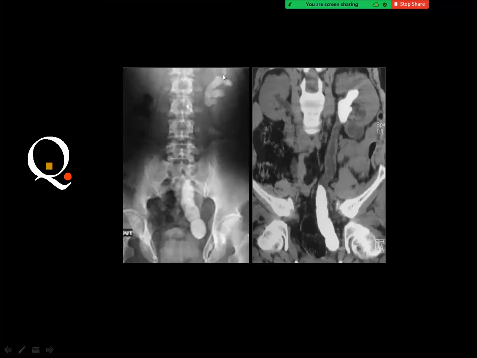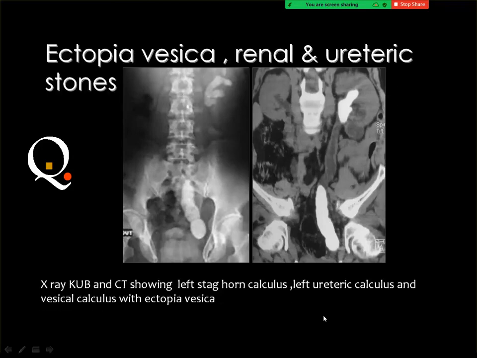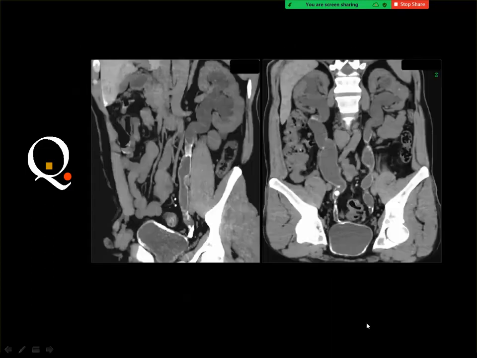This patient had many stones in the kidney and a very big stone in the ureter with proximal dilatation of the pelvicalyceal system. You should not diagnose this as, let us say, TB of the kidney or TB of the ureter. These are just calculi within the collecting system. Also, one of the findings that I forgot is the wide separation of the pubic symphysis, which is diagnostic of ectopia vesicae.